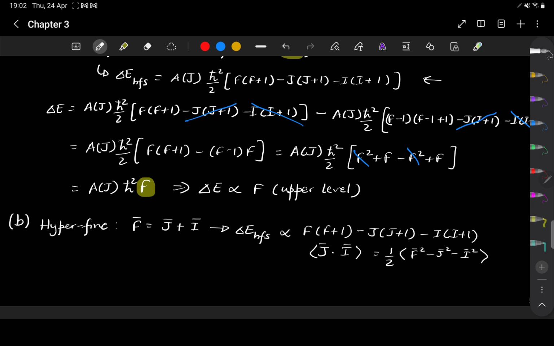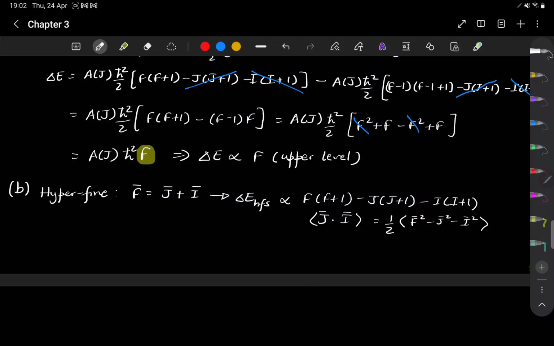So doing this gives you F into F plus 1 minus J into J plus 1 minus I into I plus 1.